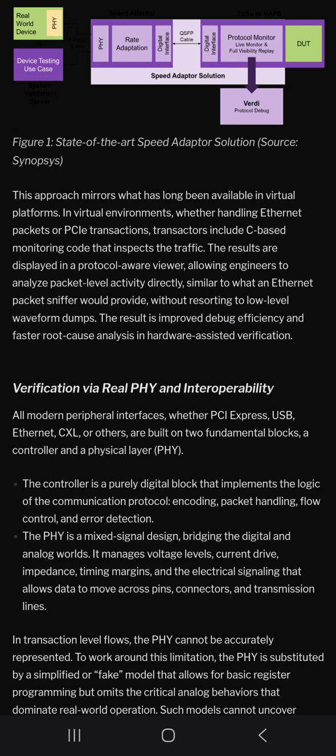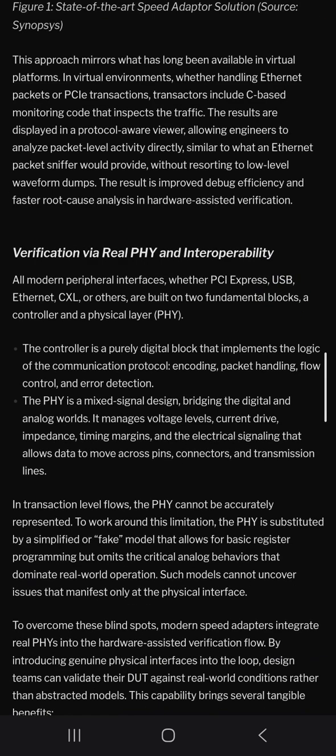Verification via real PHY and interoperability. Modern high-speed interfaces, whether PCI Express, USB, Ethernet, CXL, or others, are built on two fundamental blocks: the controller and the physical layer. The controller is a purely digital block that implements the logic of the communication protocol, including encoding, packet handling, flow control, and error detection.